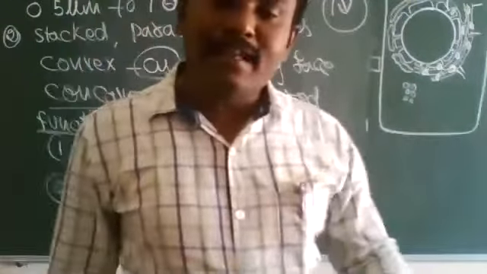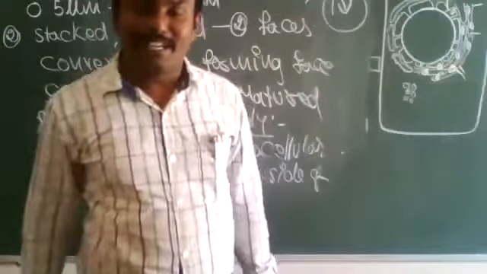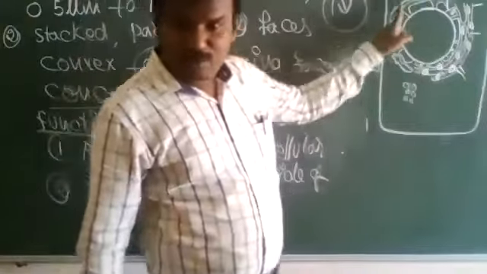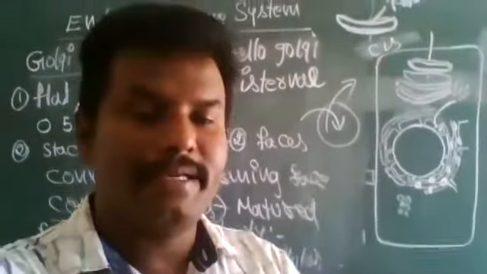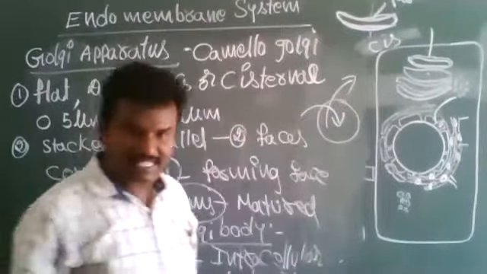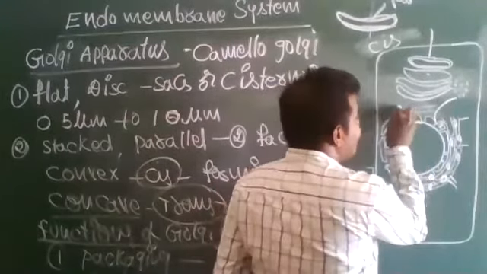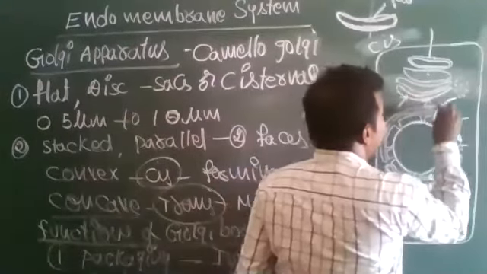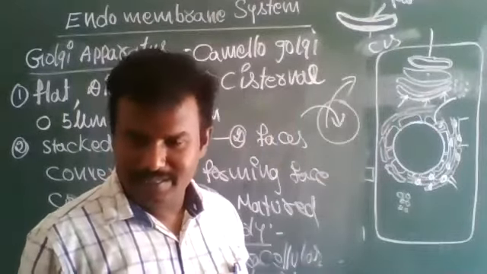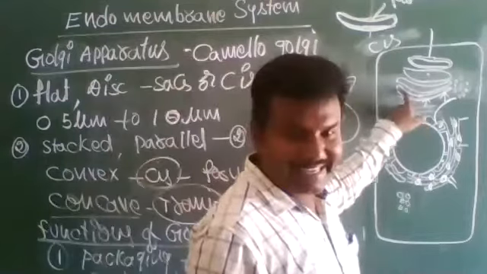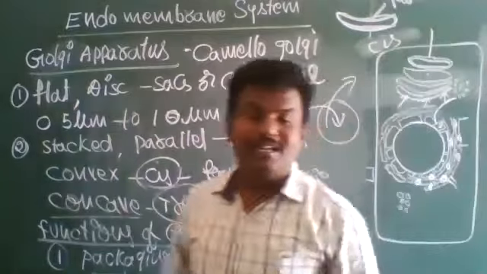Materials are packed in the form of vesicles from the endoplasmic reticulum and are fused to the Golgi complex, and are modified in the Golgi complex before they are released into the maturing phase.